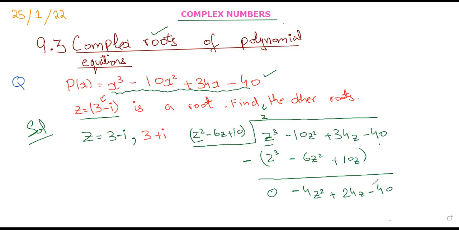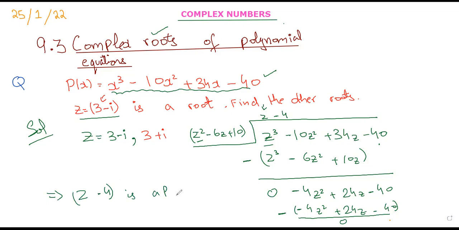Okay. And now minus 4, minus 4. So this will give me minus 4z square plus 24z minus 40. This is 0. So this implies z minus 4 is a factor, right?